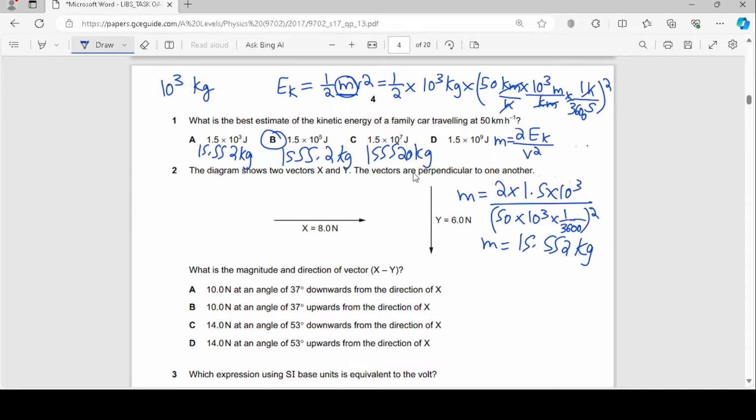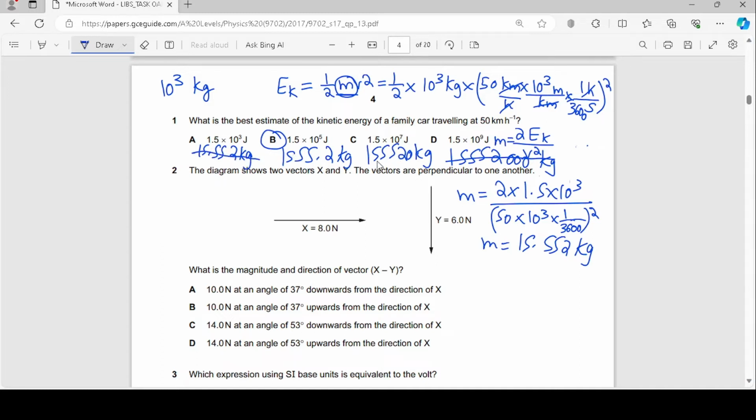And then if I do it with 10 to the power of 9, that's just going to be 1,555,200 kilograms. I suppose you could write it in scientific notation if you want. Anyways, that is also too unreasonable.